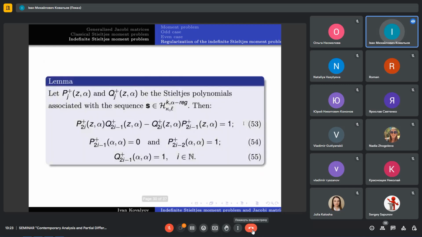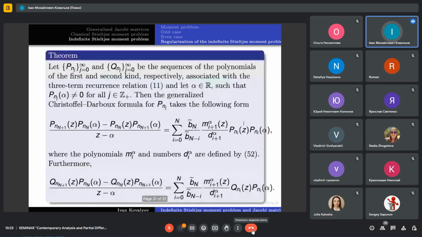And in this slide, we see some properties of Stieltjes polynomials, and it is maybe not so interesting.